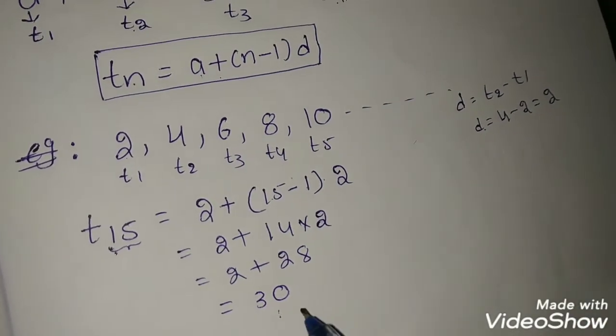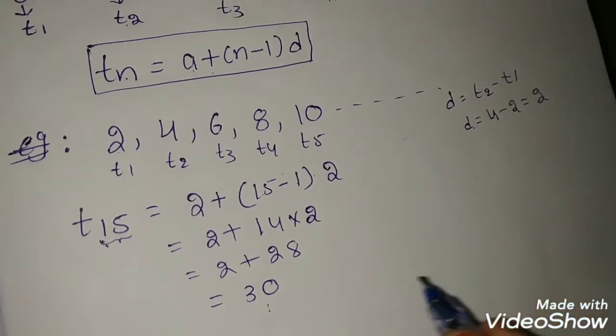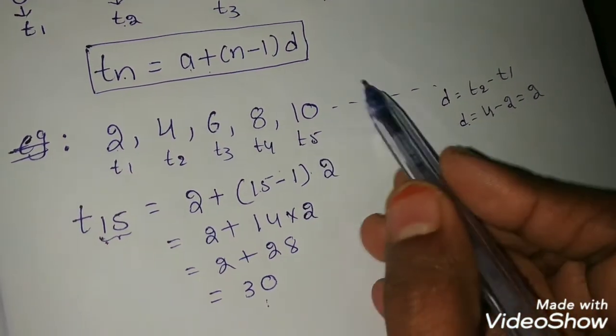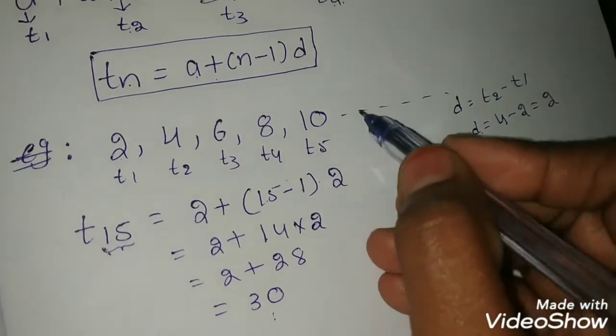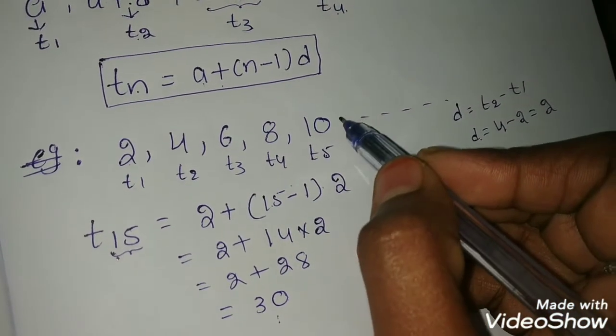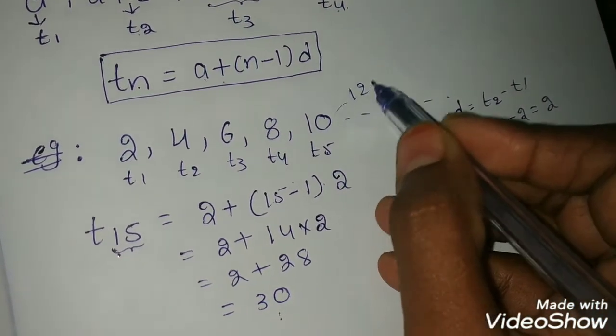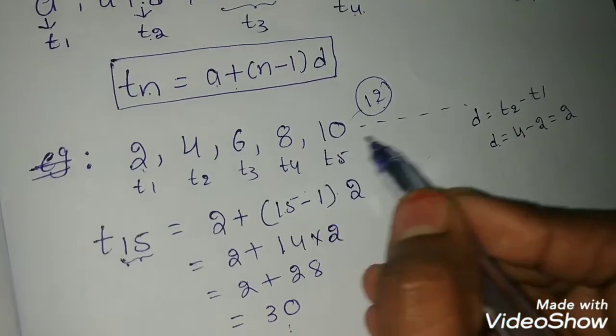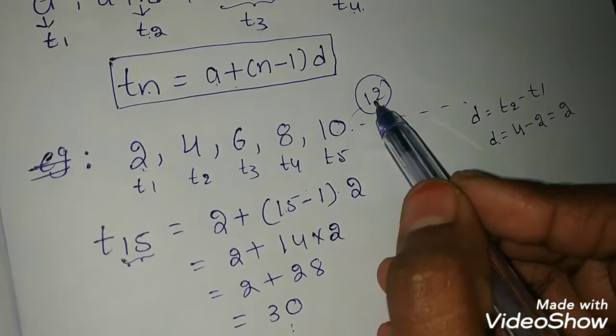You can check, if you have a doubt. This is term 5. If we need term 6, definitely everyone knows term 6 is 12, because those are even numbers. The difference is 2, 2, 2. So 10 plus 2 we get 12.